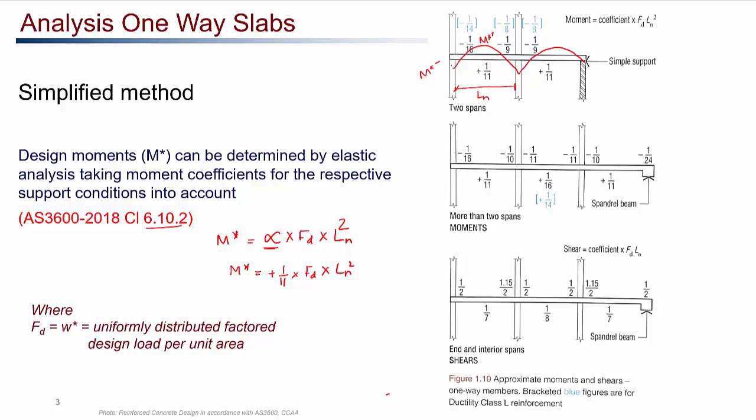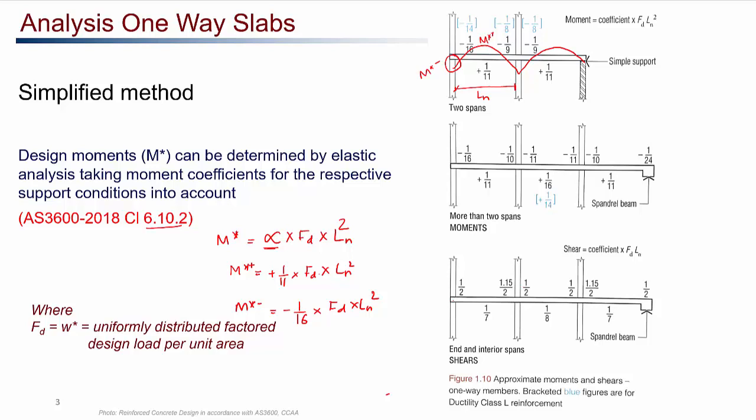Now if we are looking at the negative moment at this point, M star, this one is positive, this one is negative, the coefficient is minus 1 by 16 into Fd ln squared. Similarly, using these coefficients, we can find the bending moment at the supports or mid-span for different support conditions as shown in the figure here.